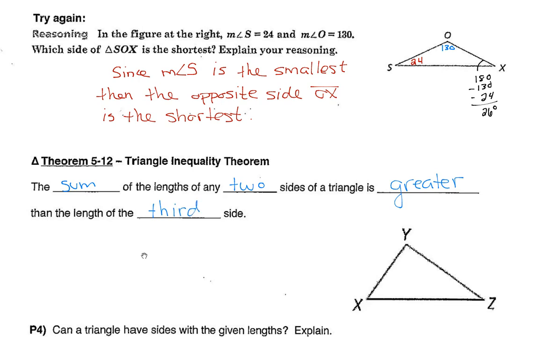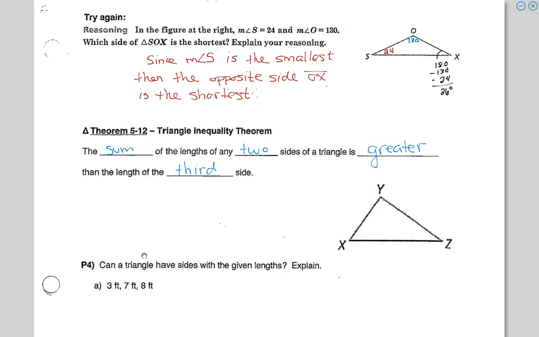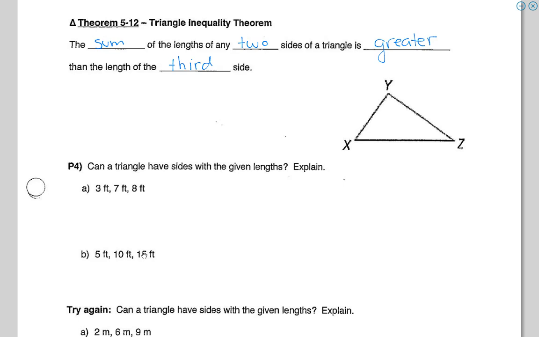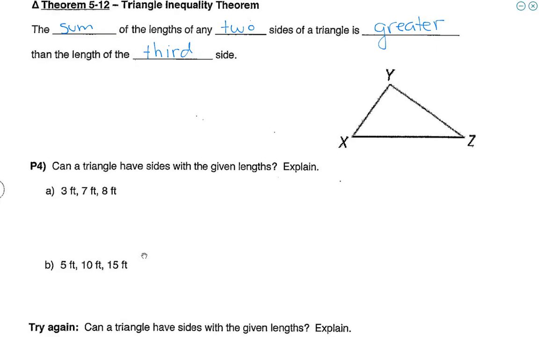So take any two sides, add them up, it needs to be bigger than that third side. So if I add up XY and YZ, that sum has to be bigger than XZ. So XY plus YZ has to be greater than XZ.